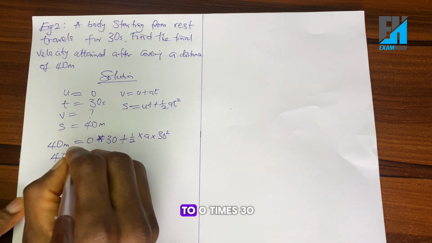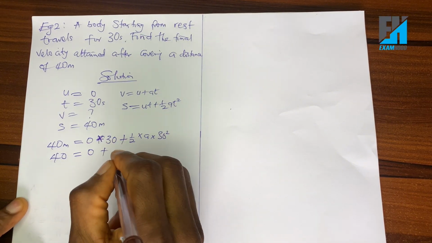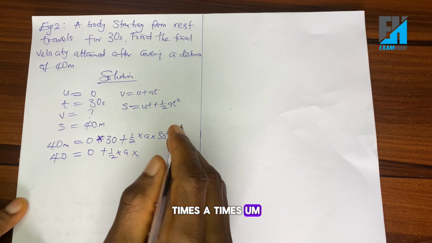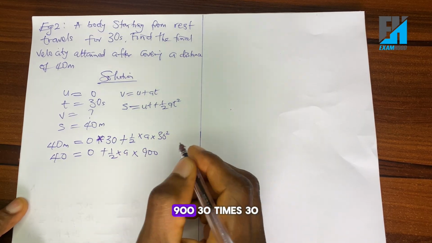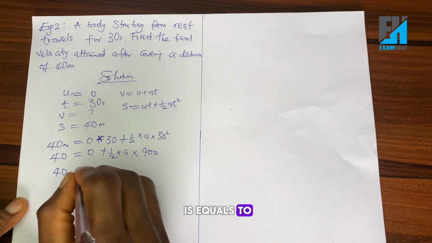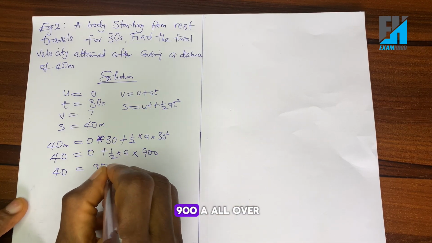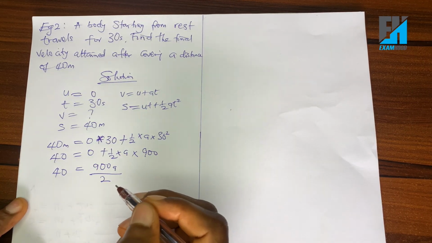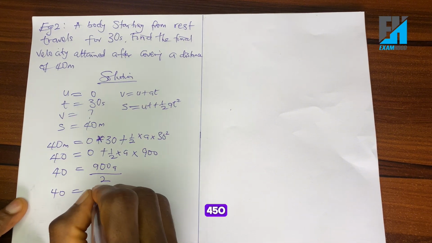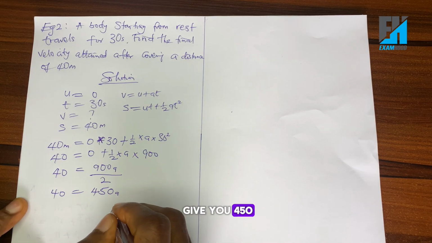So 40 is equals to 0 times 30, which gives 0, plus half times a times 30 squared. 30 times 30 is 900. So 40 is equals to 900a all over 2. If you divide 900 by 2, you get 450a.